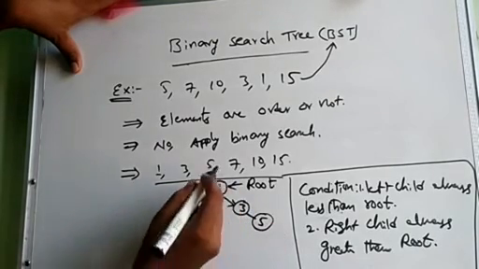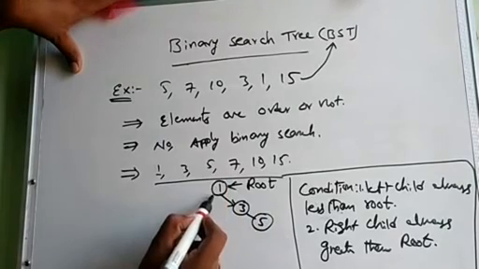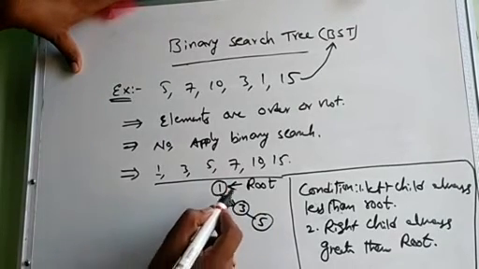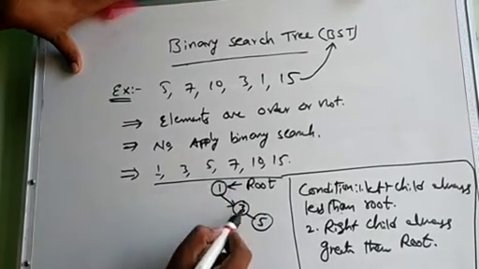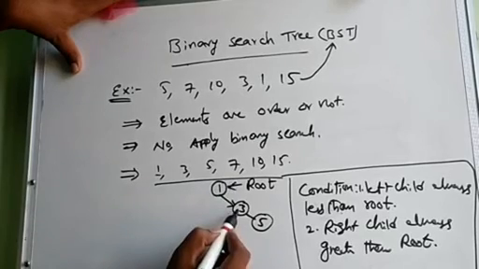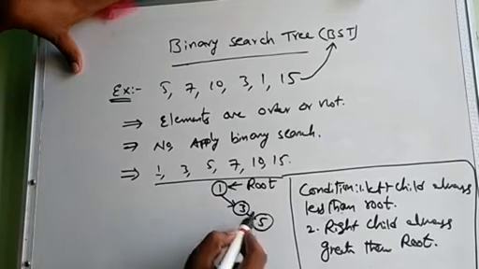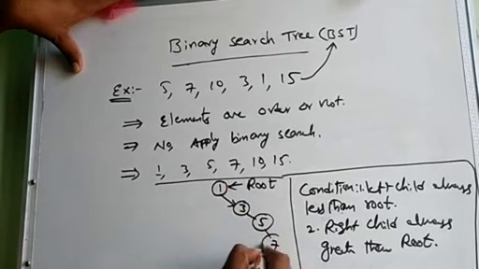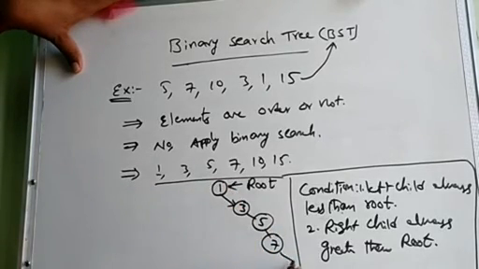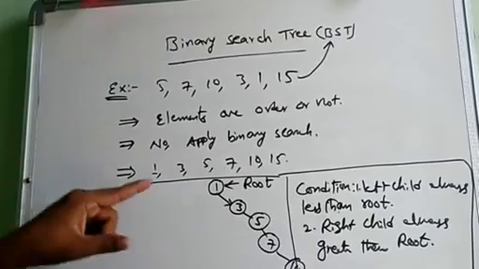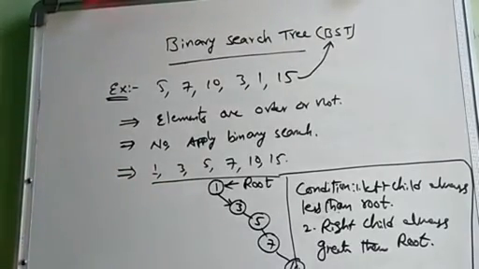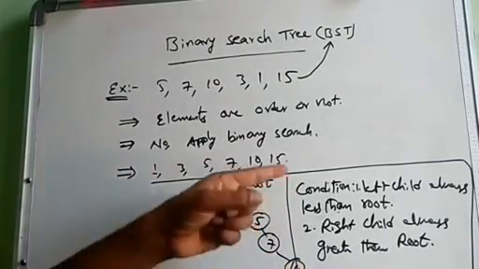Next 7 is compared with 1, greater, go right; compared with 3, greater, go right; compared with 5, greater, so it goes right. Next 10 is greater, then next 50.